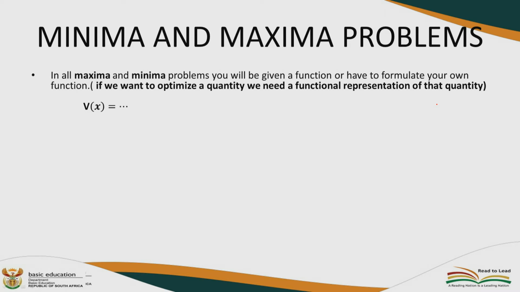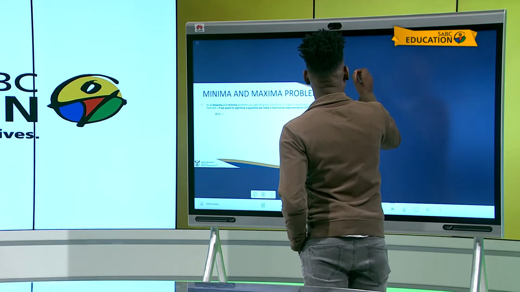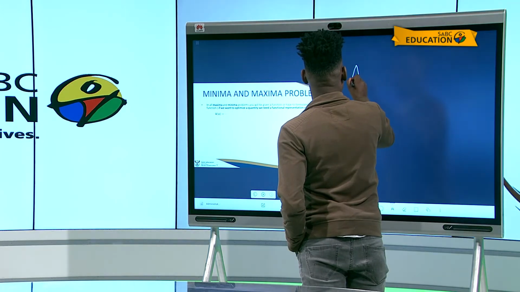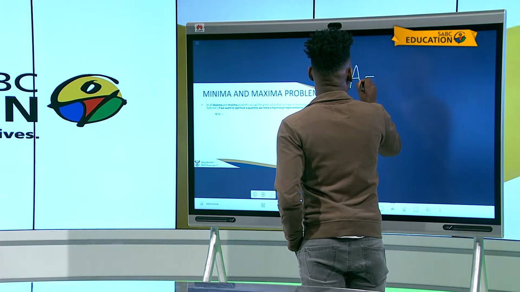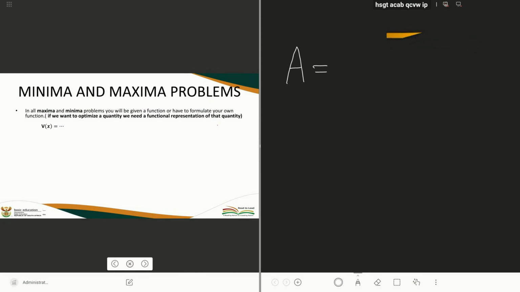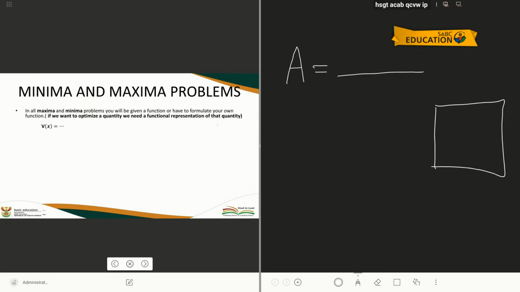Let's say, for instance, we have a quantity of area. We are looking at the area of something. Let's say we have a box like that, and we are given the dimensions of that box as the length being negative x plus 4, and the breadth being x.